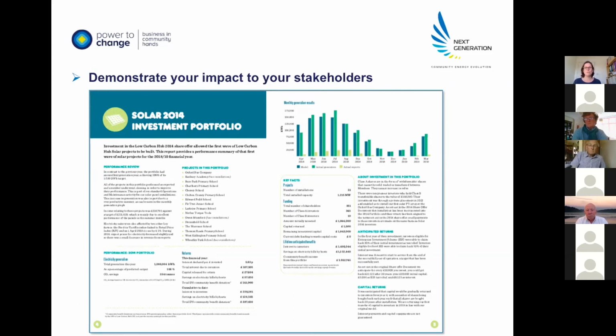And so we started producing annual performance summaries, which look at the portfolio that they'd invested in, a snapshot of how those solar arrays were doing in generation, but also giving an idea of the overall income that it generated, and also reminding them of some key facts, because we might have remembered all the exact terms of their investment, but it wasn't fair for us to expect them to remember every detail, so finding a way just to keep communicating that back to them.